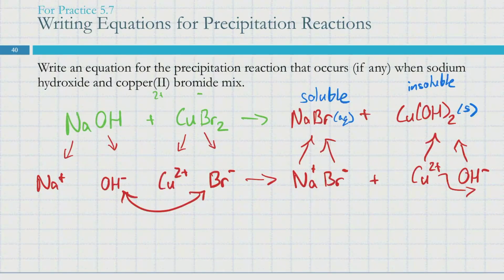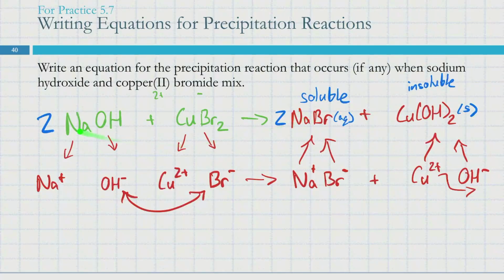So we've got ourselves a reaction, and now we get to balance it. Yay! So we balance it, and now it's balanced. The balancing part, our bromides aren't equal, so we add a 2 in front of our sodium bromide to get those equal.